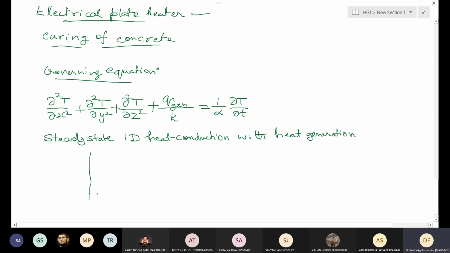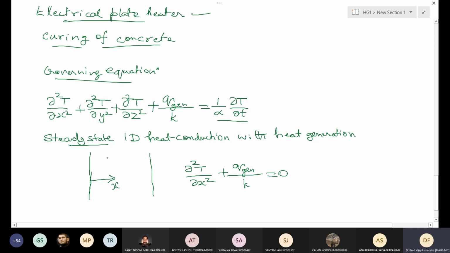We will consider the wall, and the coordinate system I will attach to the left side of the wall, x. So heat conduction is in the x direction. If it is steady state, we don't have the right-hand side term, and heat flows only in the x direction, so there is no ∂²T/∂y² and ∂²T/∂z². So the governing equation reduces to ∂²T/∂x² plus q generation by k equal to 0.